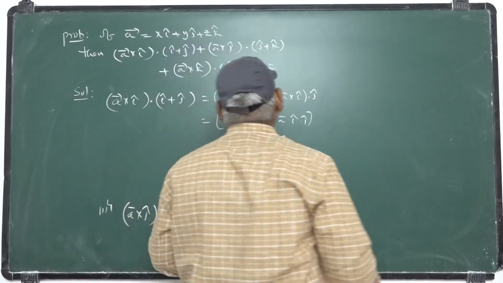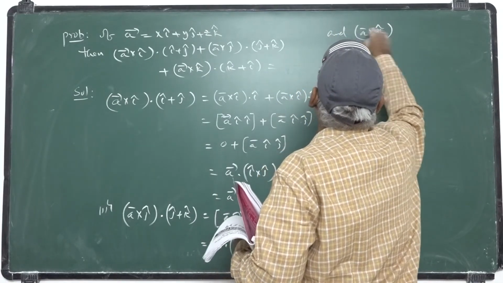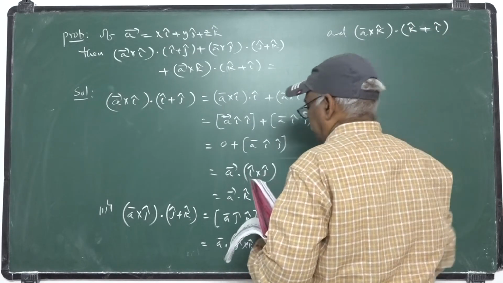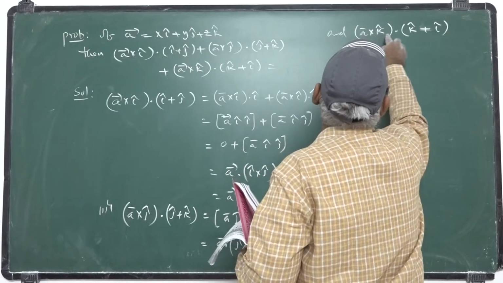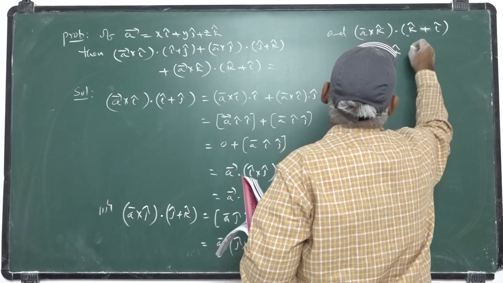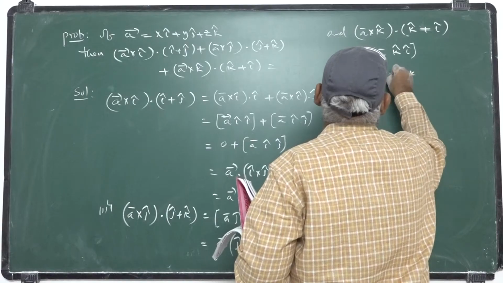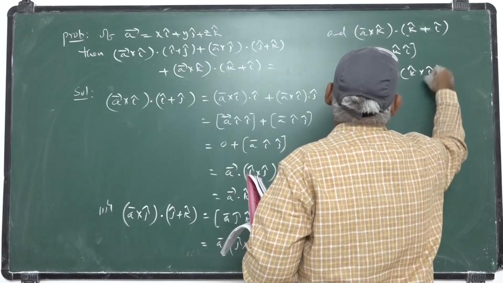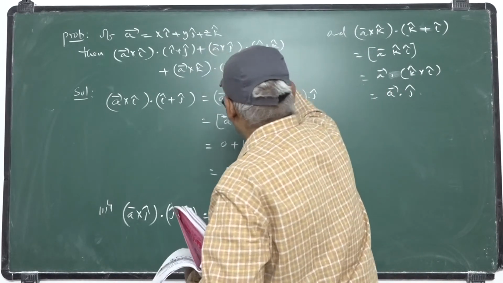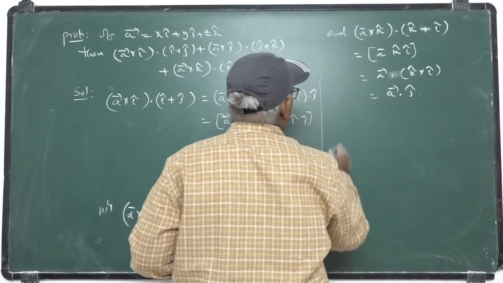Similarly, the third one, A bar cross k dot k plus I equals box A k k, which is 0, plus box A k I, which is A bar dot k cross I. K cross I is j. So, the first one is A dot k, the second one is A dot I, the third one is A dot j.